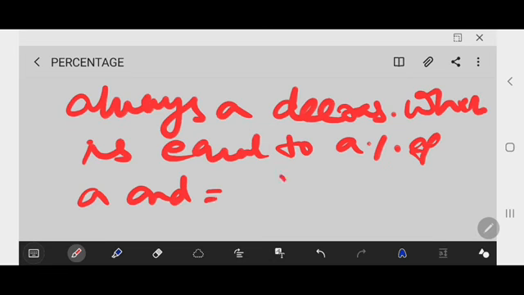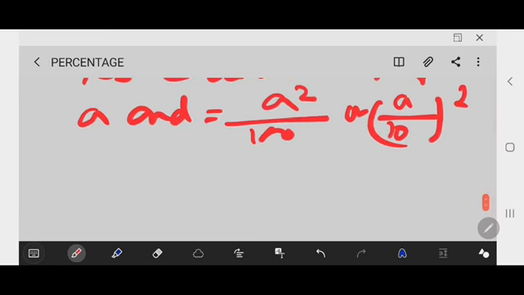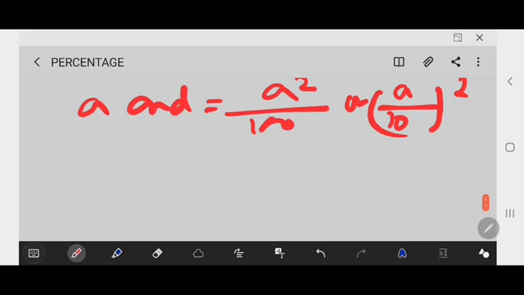So the formula is a square by 100, or a by 10 whole square. Okay, so we'll see the example.